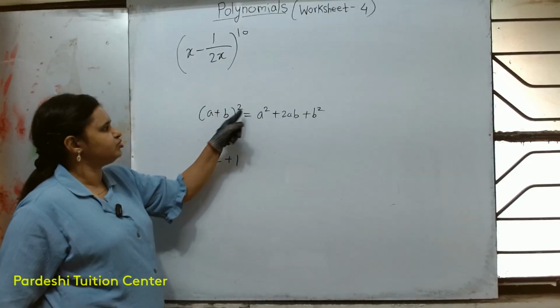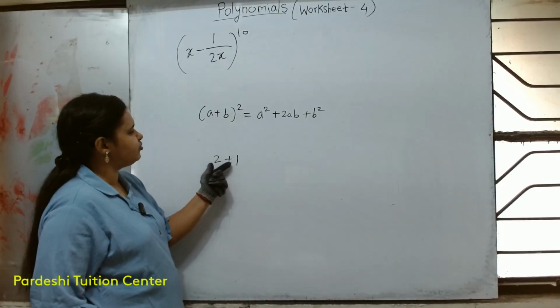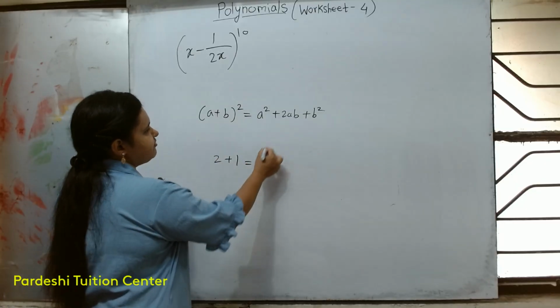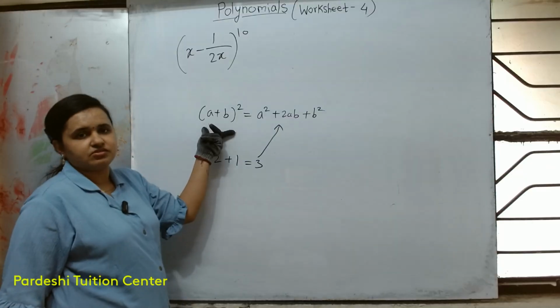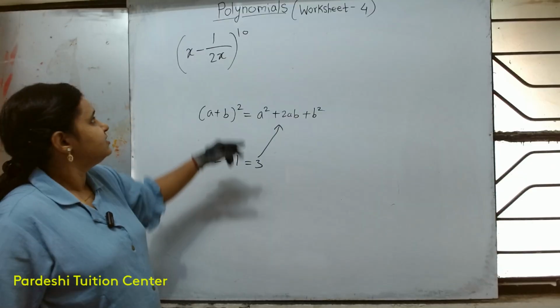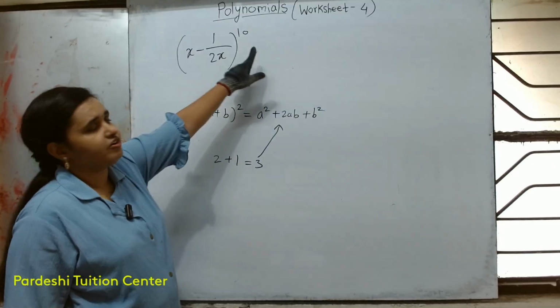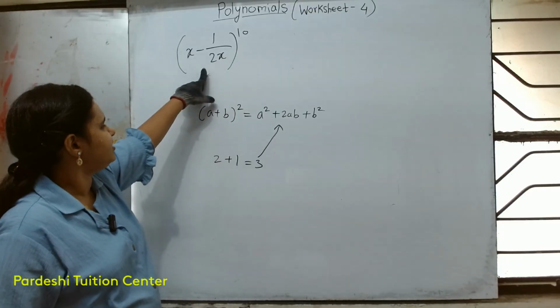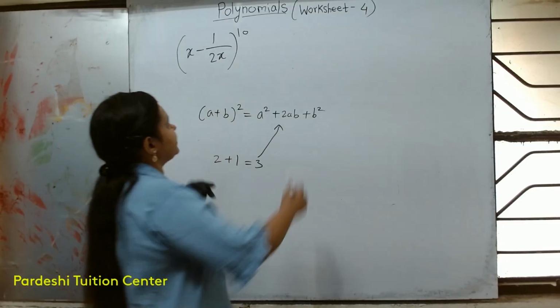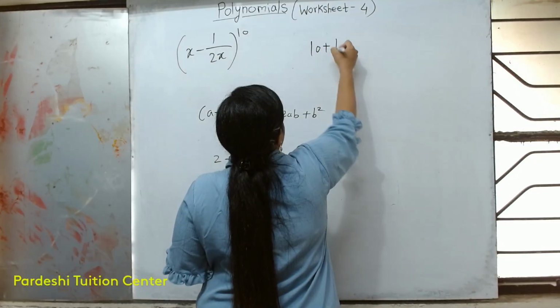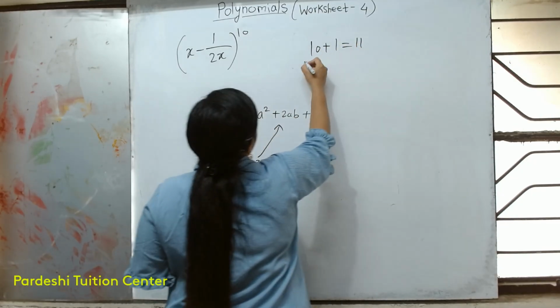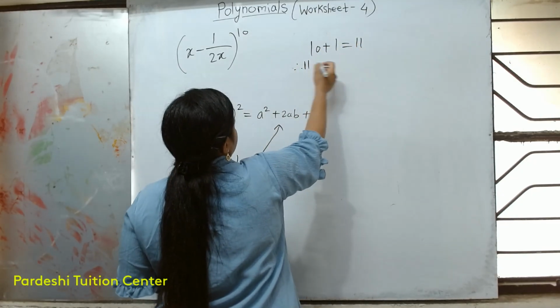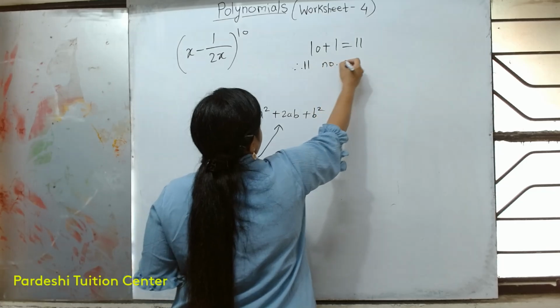Here power is 2 and I can make 2 plus 1 equals to 3. So there will be 3 terms in this. Okay. So according to this, what number of terms are there in this expression? It will be n plus 1, that is 10 plus 1. 10 plus 1 is 11. So therefore 11 number of terms are there.